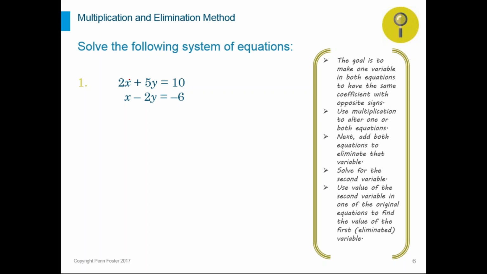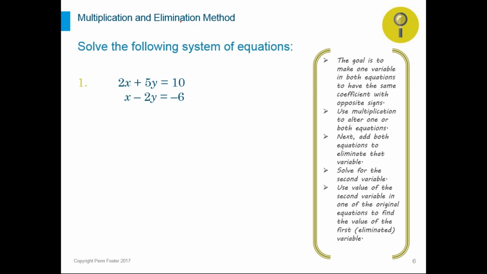The first method I would like to go over is multiplication and elimination. As the name of that method implies, we will multiply and eliminate one of the variables, and then we'll be able to find the value of one variable. Using that value, we'll be able to find the value of the second variable.